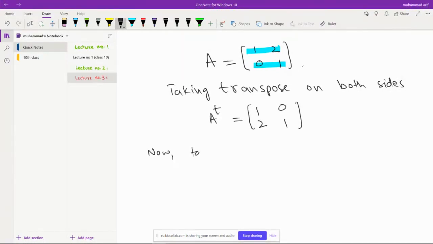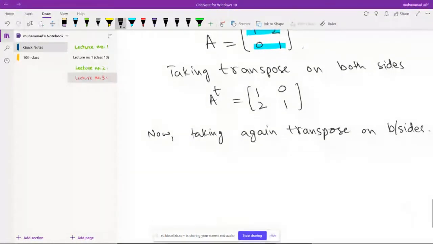Now taking transpose again on both sides, which gives A transpose whole transpose is equal to. Now again you convert rows into columns.